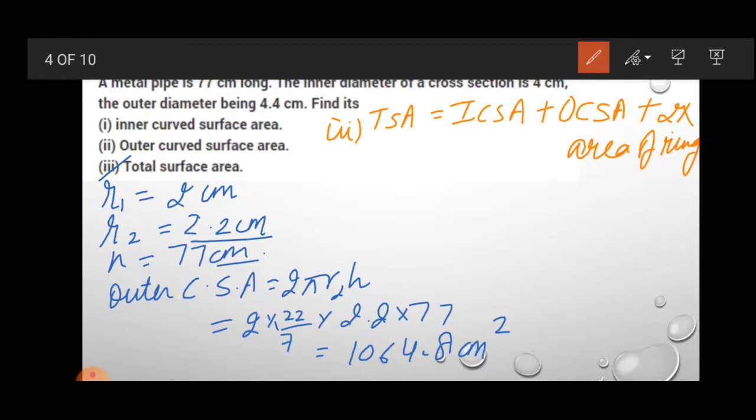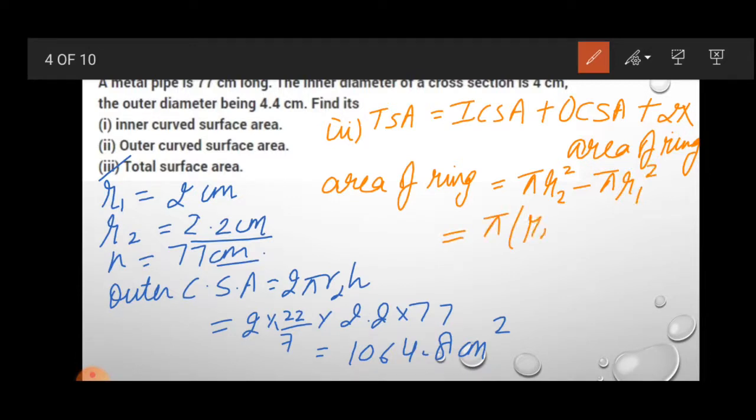In the first and second parts, we found the inner curved surface area and outer curved surface area. Now find the area of ring. Area of ring is equal to pi R2 square minus pi R1 square. Take pi common, R2 square minus R1 square in brackets.